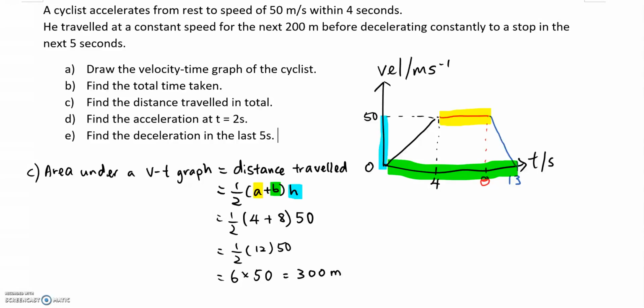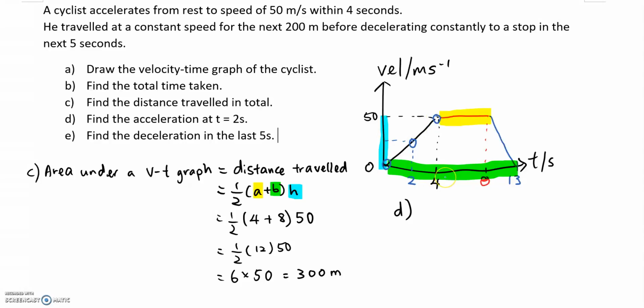Okay, next we talk about the acceleration at time equals 2 seconds. We recall that in order to find the acceleration, you need to find the gradient at that point. And you notice that the gradient at that point is the same as the gradient of the whole section.